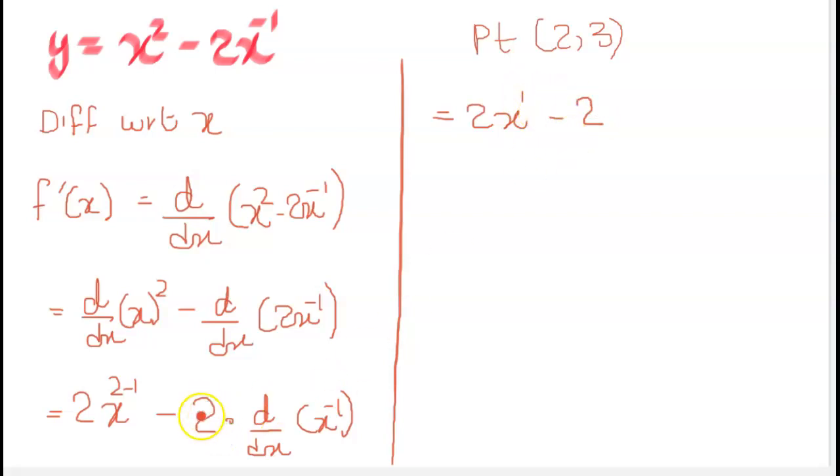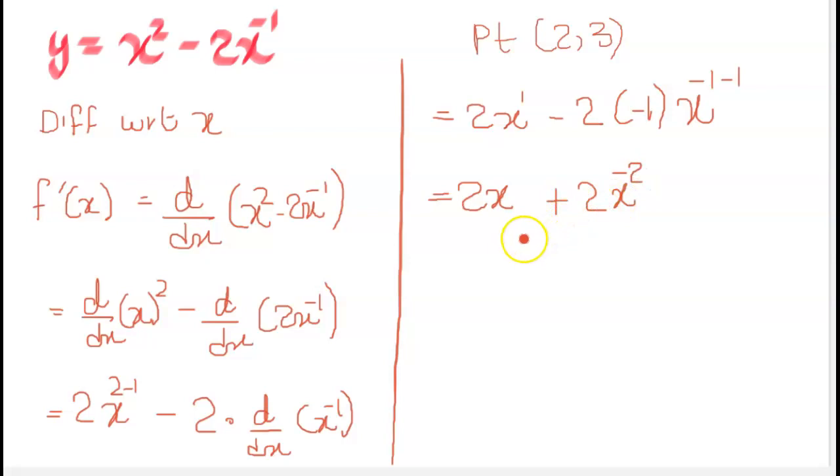Minus 2 is here. Now minus 1 comes out, and reduce the power of x by another 1, so that original minus 1, another minus 1. So I get 2x, minus and minus becomes a plus, plus 2x to the power minus 2.